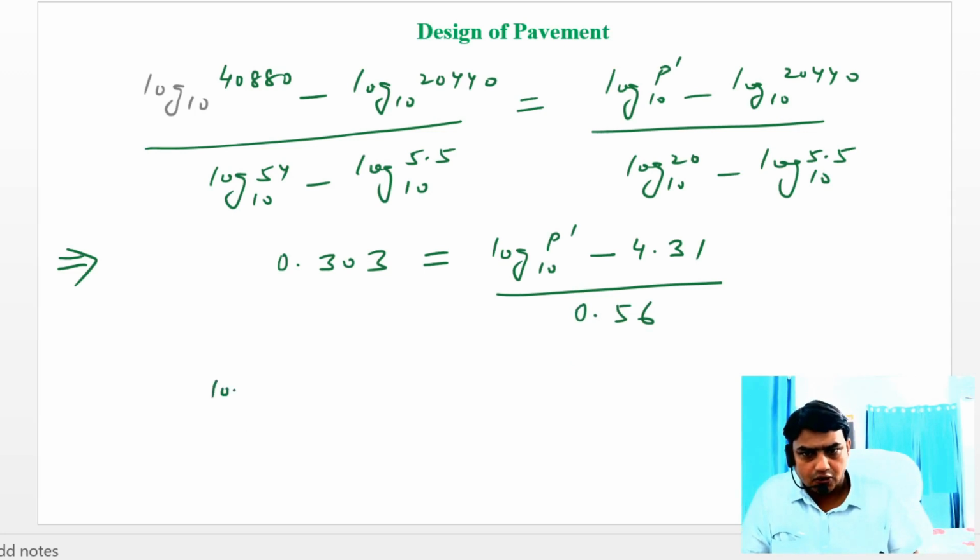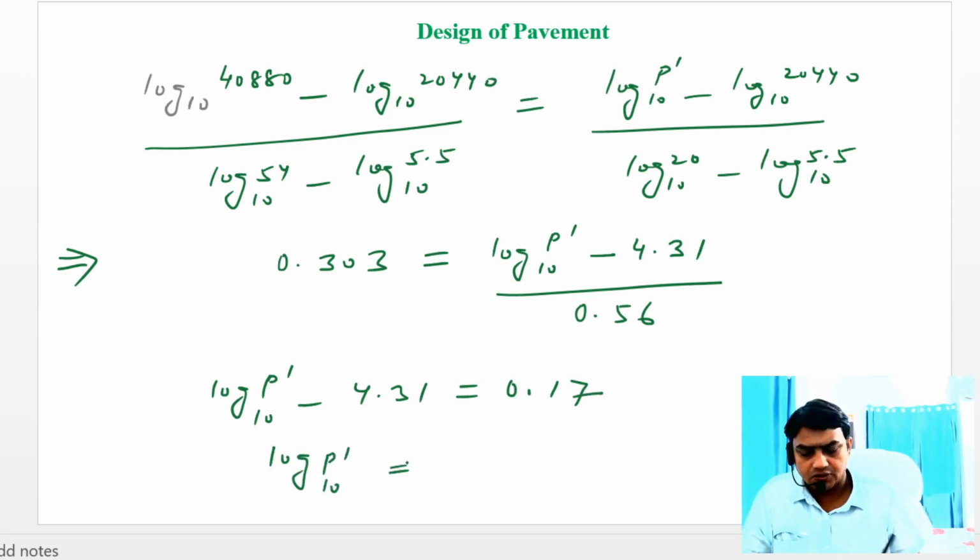So log P dash minus 4.31 is equal to 0.303 into 0.56, so it is 0.17. So log P dash to the base 10 is equal to 4.31 plus 0.17, so it is coming 4.48.